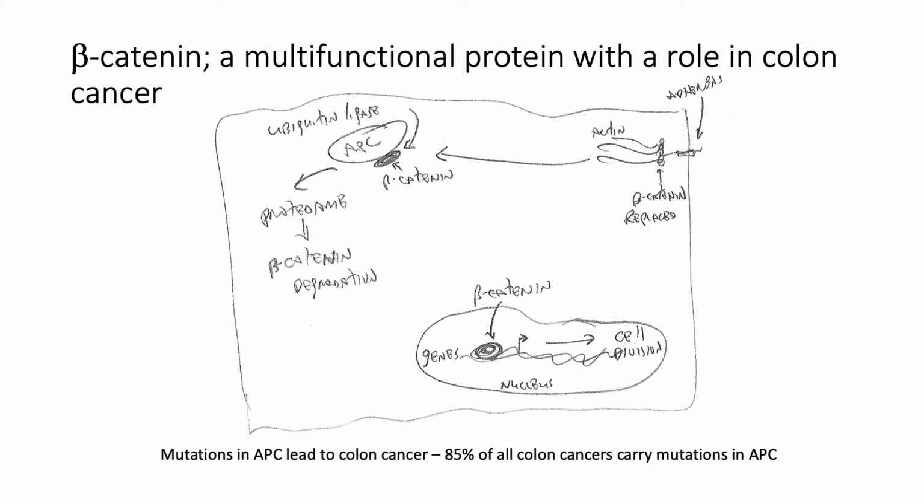So this represents a cell membrane, just kind of a square. And what I'm showing here is like an adherens junction on the right-hand side. So you have the cadherin, which is passing through the cell membrane. Of course, in adherens junctions, you'd have lots of those clustered together, but I'm just showing the one.